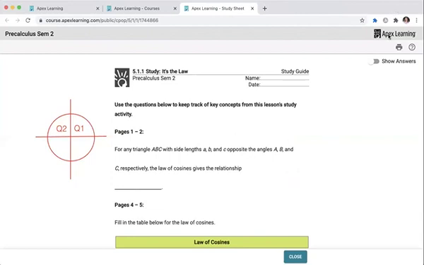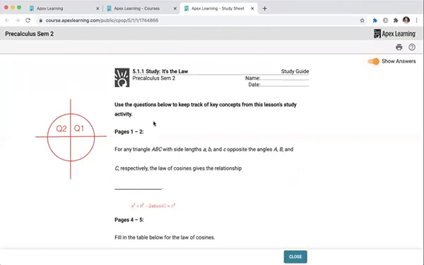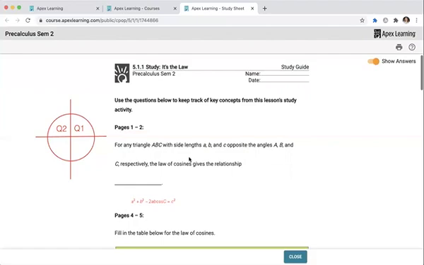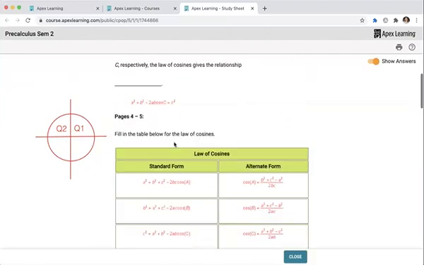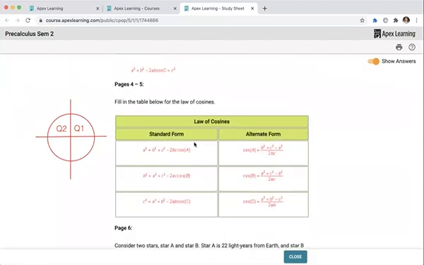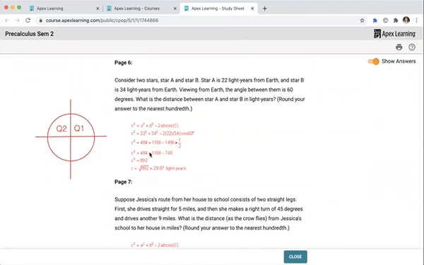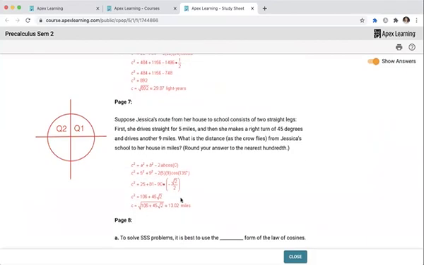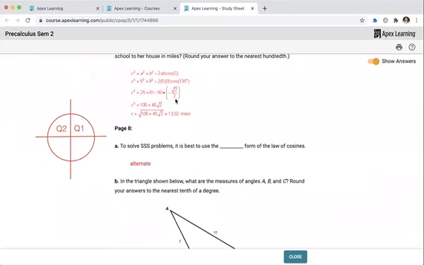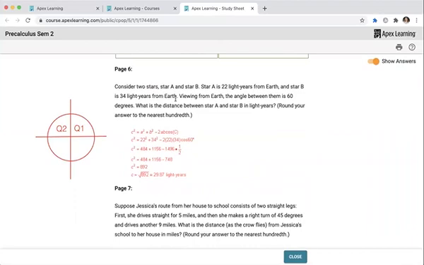Looking forward at this study sheet here, of course, the main one is understanding the law of cosine and knowing the difference between its standard form and its alternate form, depending on which side we are looking for. So having this handy is going to be key. Then make sure that when you solve the problems that we worked through in class, you can actually get the values out on your calculator as well.